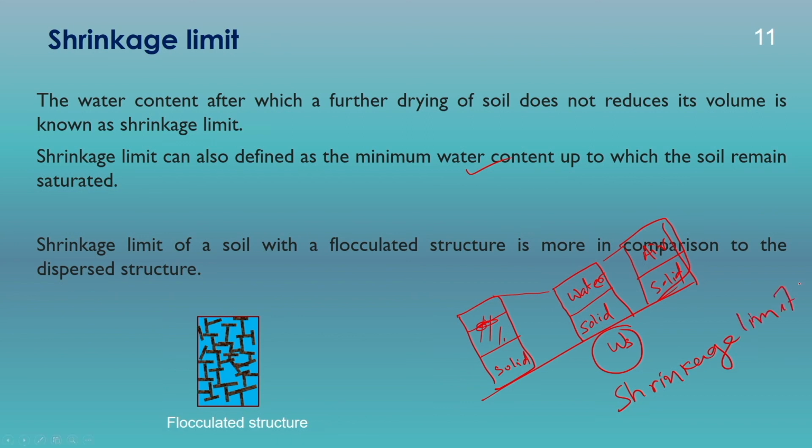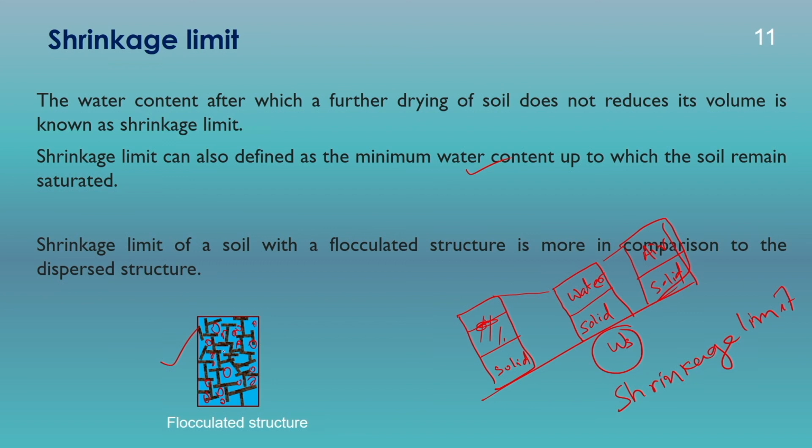The shrinkage limit of the soil is governed by its fabrics, whether it is a flocculated structure or dispersed structure. Generally, when we take a flocculated structure, say for example this one, we will have a large number of pore spaces or void spaces between them. Now, this void space holds more water in comparison to a dispersed state.